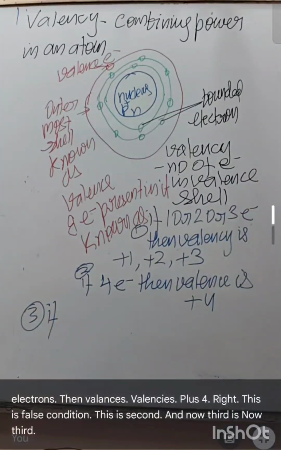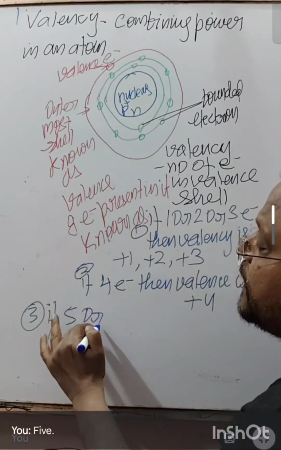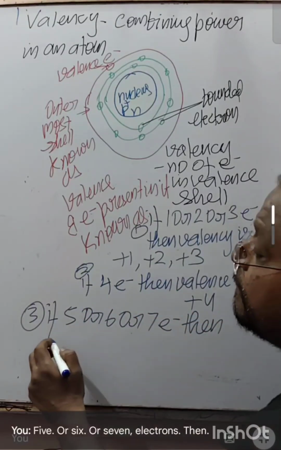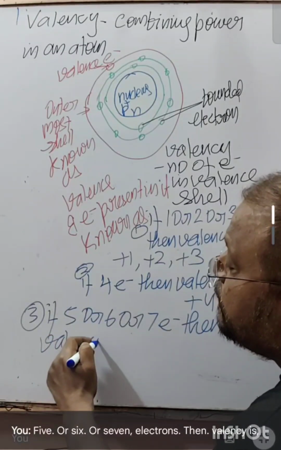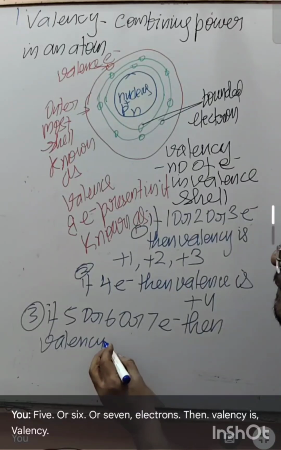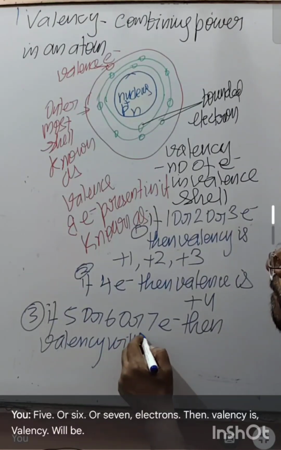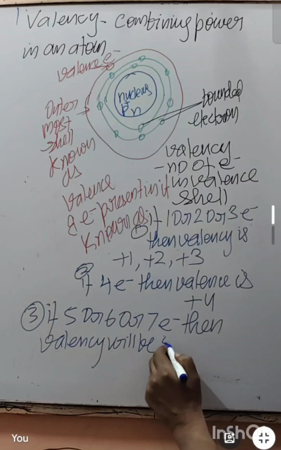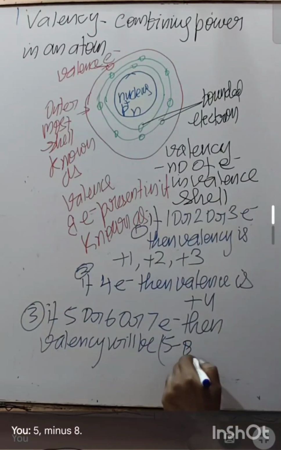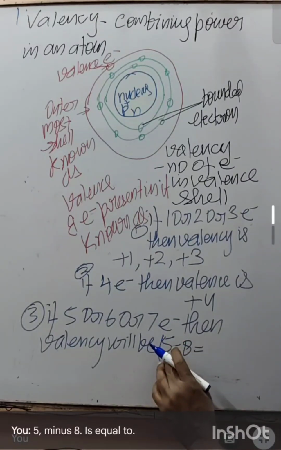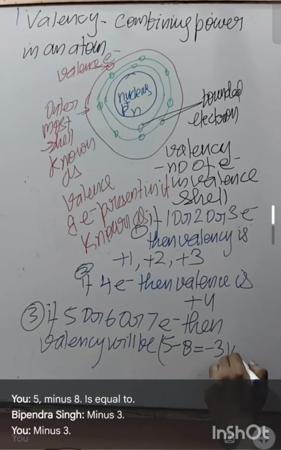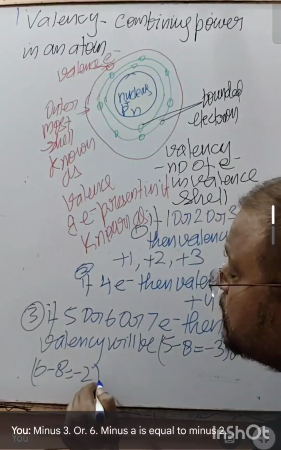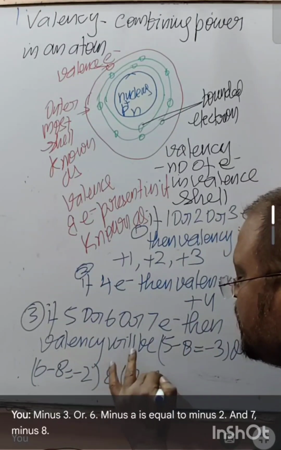If 5 or 6 or 7 electrons, then valency will be 5 minus 8 is equal to minus 3, or 6 minus 8 is equal to minus 2, and 7 minus 8 is equal to minus 1.